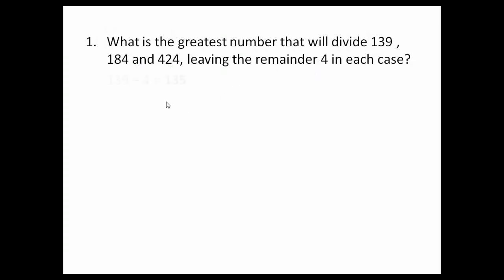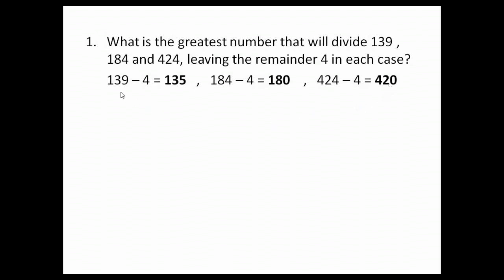So let's subtract 4 from 139, that is 135. 184 minus 4 will give us 180, and then 424 minus 4 will give us 420. So I hope you are clear why we are subtracting 4, so that we can find the highest common factor for 135, 180 and 420. So that highest common factor will be able to divide 135, 180 and 420 completely.